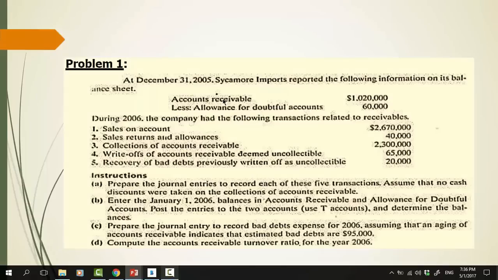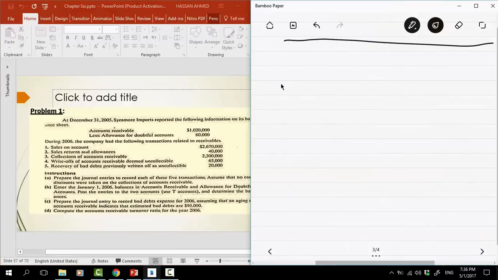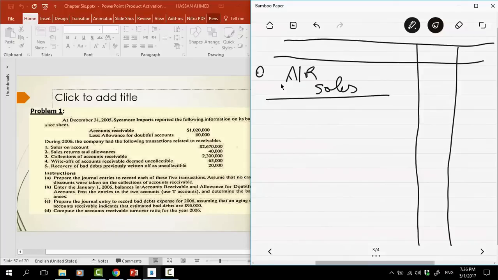I will journalize each transaction. Number 1, sales on account: accounts receivable and sales, 2,670, 2,670.